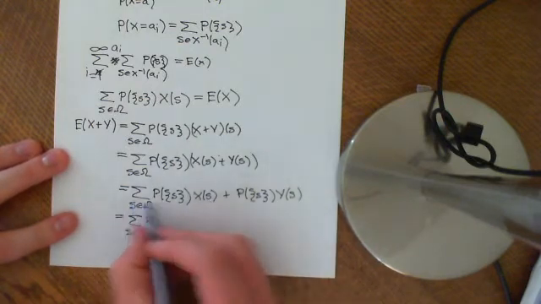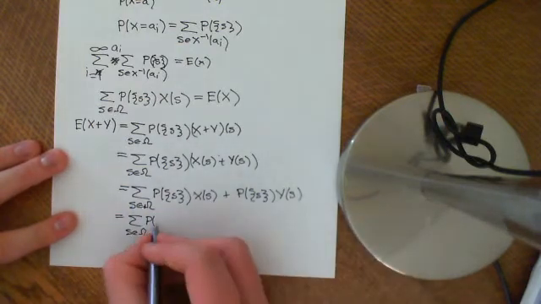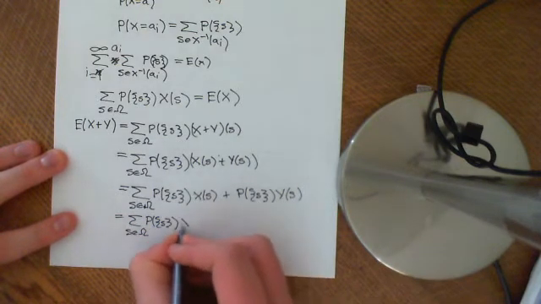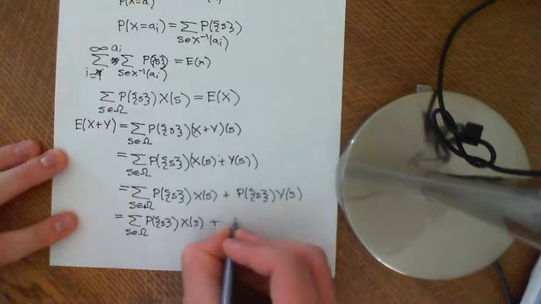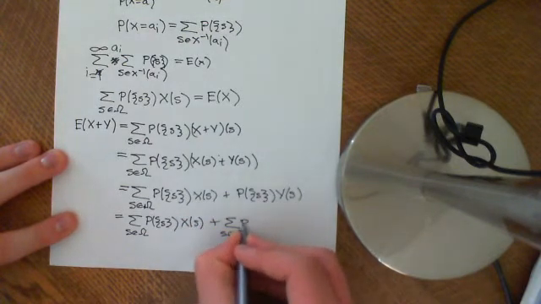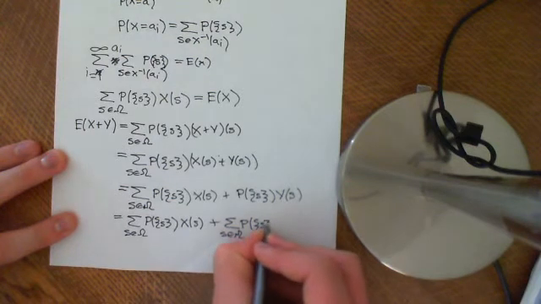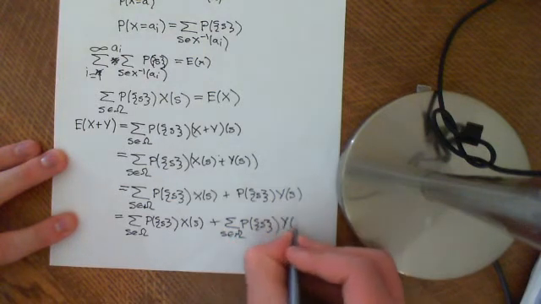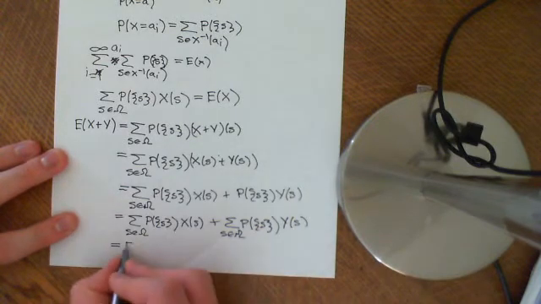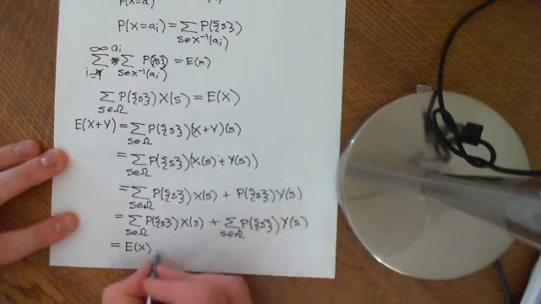This is just basically the limit of the sum is the sum of the limits. Probability of S, and if it's finite then of course it's true, X of S plus the sum, S is an element of omega, probability of the singleton containing S times Y of S. Okay, so this is equal to E of X, and this is equal to E of Y.